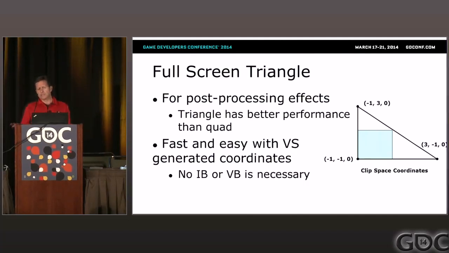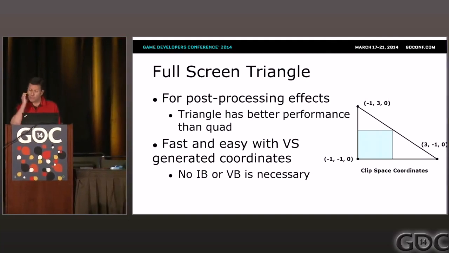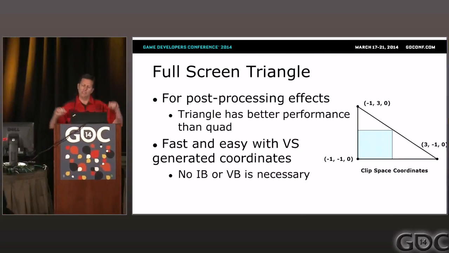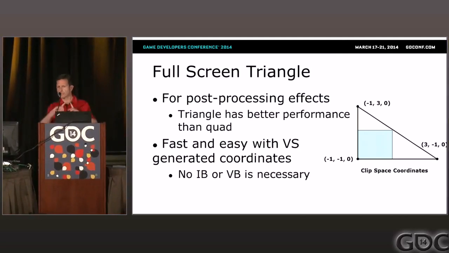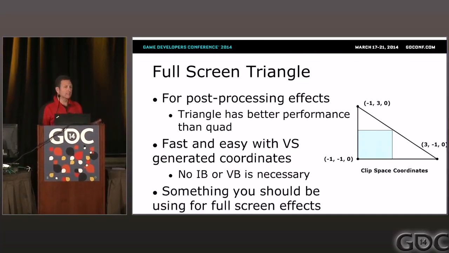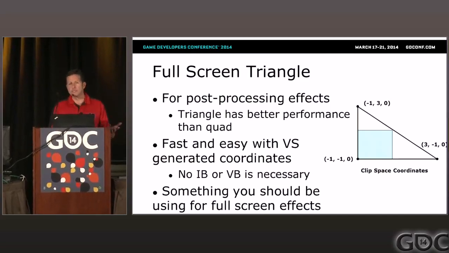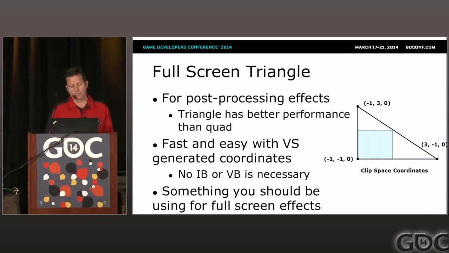As you can see here, the bluish colored rectangle is the full screen, and the triangle is actually larger than the screen. And we're going to use texture map coordinates to place your full screen image onto that screen. Because it's the most efficient way of doing it, everybody should be using this, really. There's no reason not to.